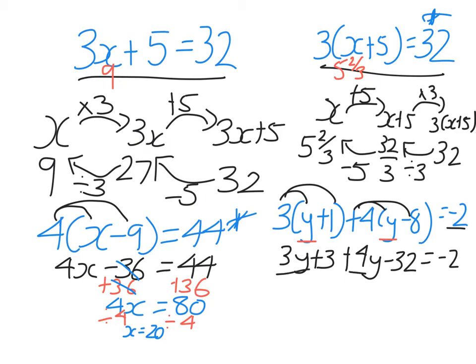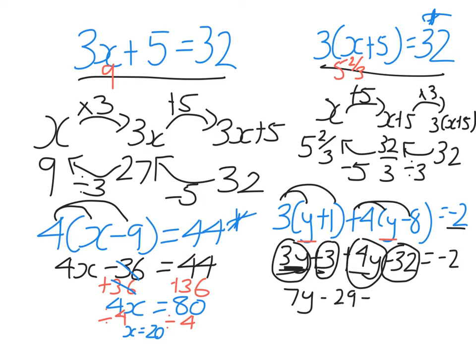Now I collect like terms. So 3y and 3 are not like terms. I can't add them together. But these two are like terms because they both have y in it. So 3y plus 4y is 7y. So this is 3 minus 32, not 3 plus 32. So 3 minus 32 is negative 29.